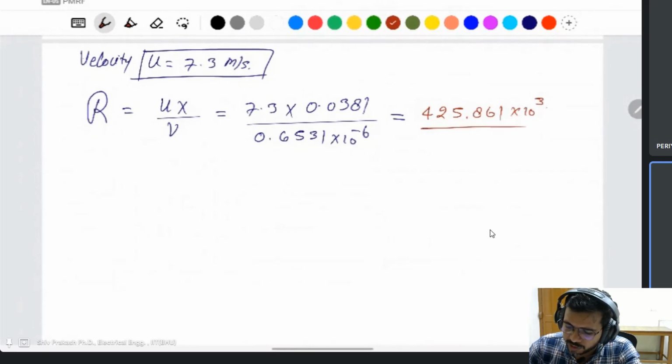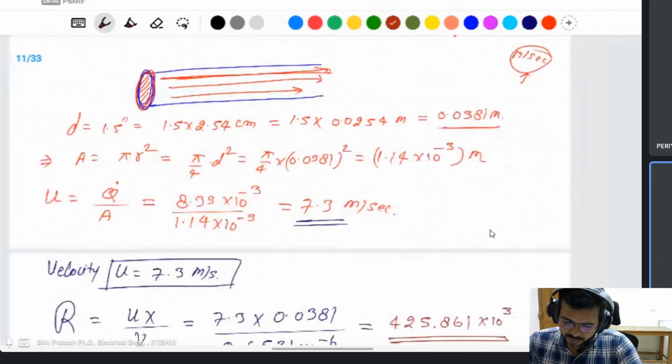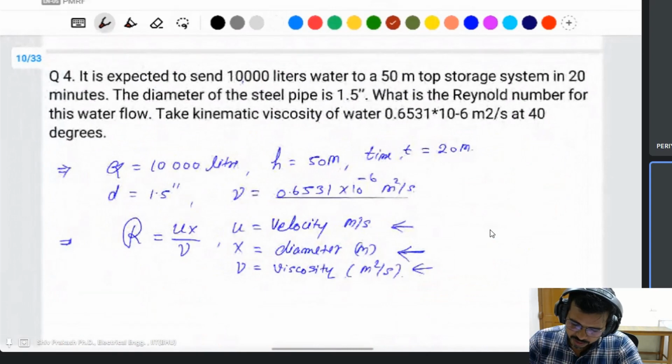So that is the Reynolds number. Only the Reynolds number is asked in this question. The Reynolds number. Okay.